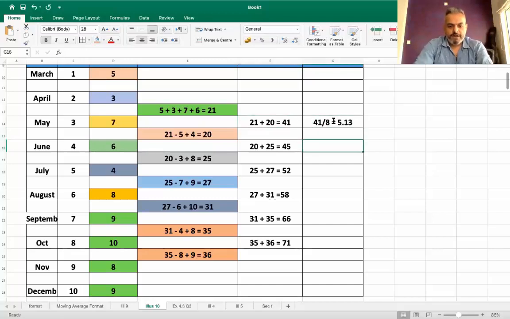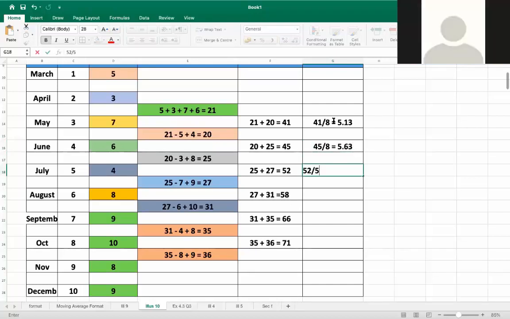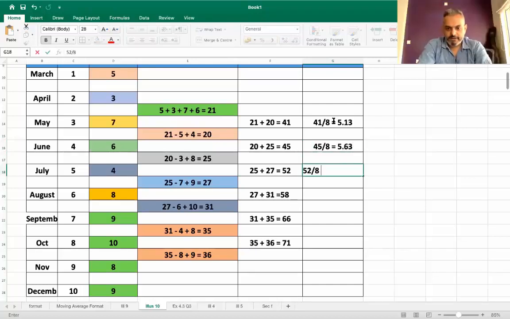Then 45 divided by 8, which is equal to 5.63. 52 divided by 8, which is equal to 6.5. Then 58 divided by 8, which is equal to 7.25.